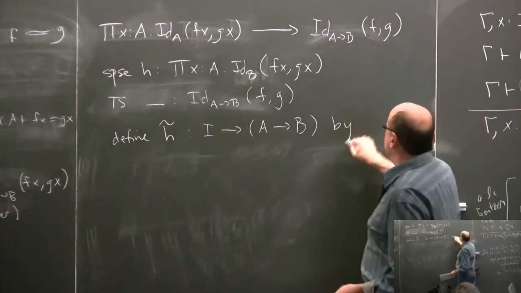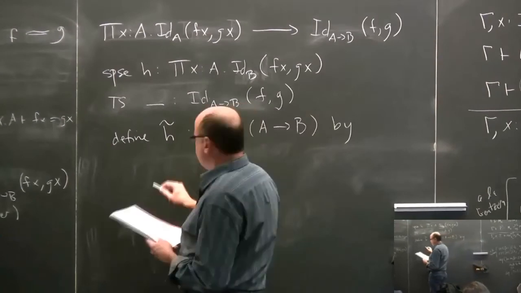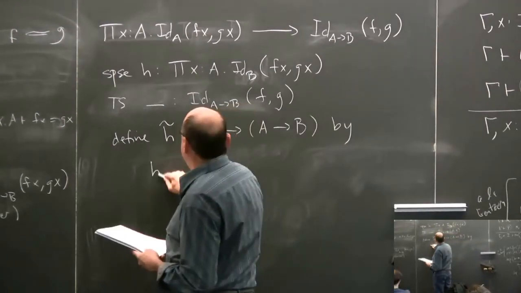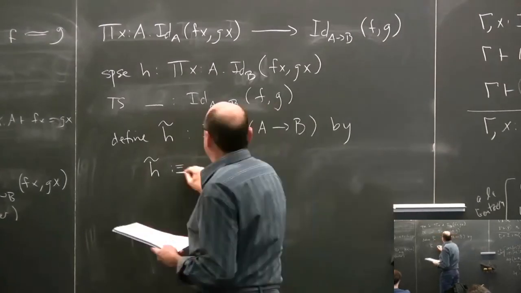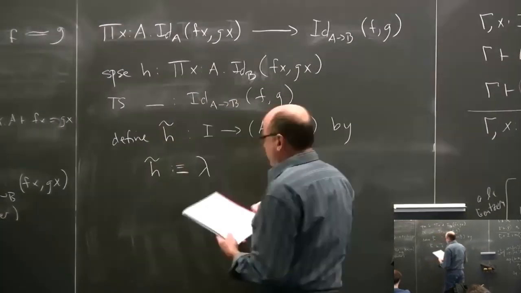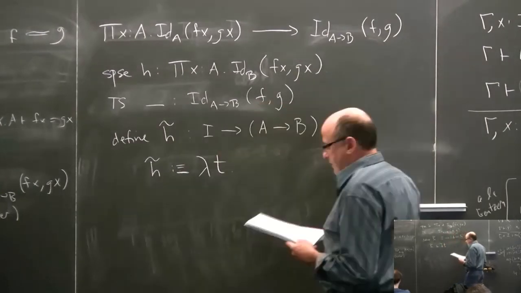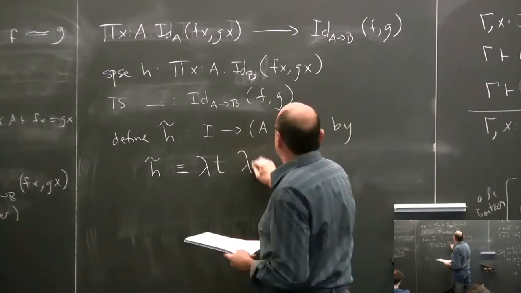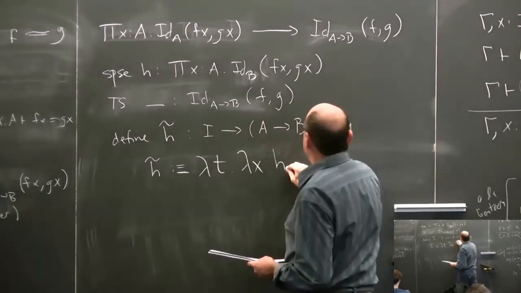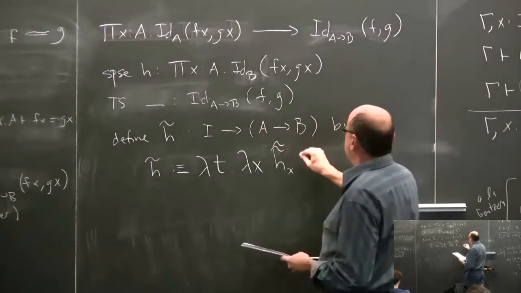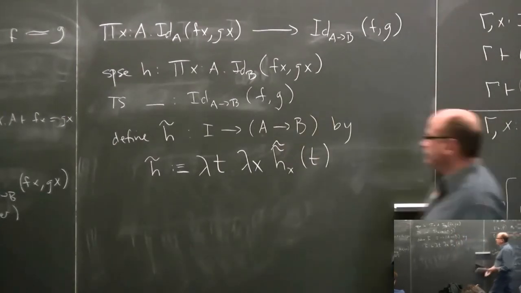So the way I did it in my notes, let me just write this down so I don't get myself too terribly confused. We define H twiddle to be: we take lambda I or lambda t, whatever we call it, think of that as the time thing, and we take in x, and then I do something parameterized by x, which I wrote with a double twiddle of t.